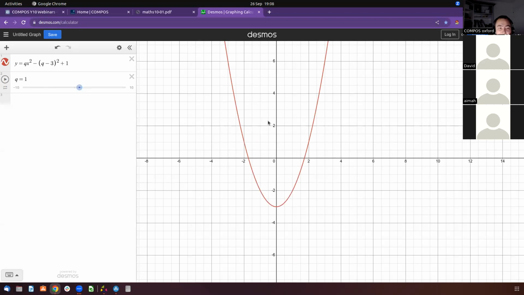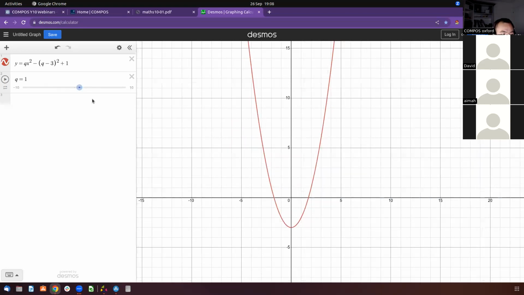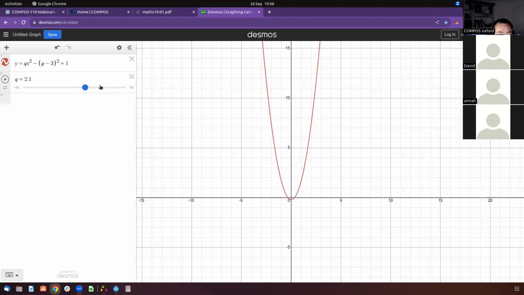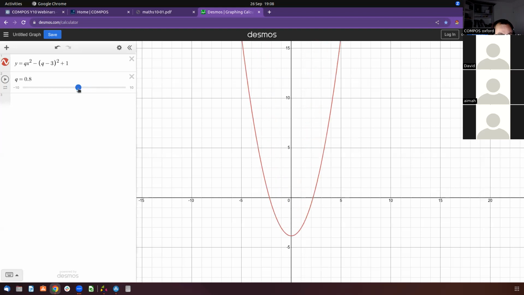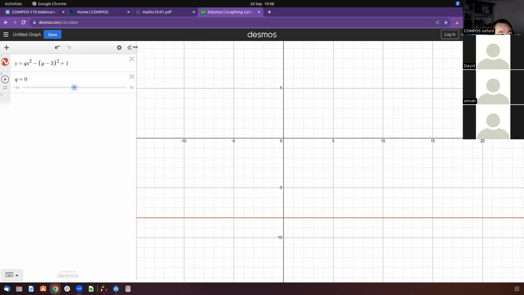Now, if I change q, something changes, as you can see. But something interesting happens when q is 0. Look, watch what happens. Q is equal to 0. Okay, I forgot x.